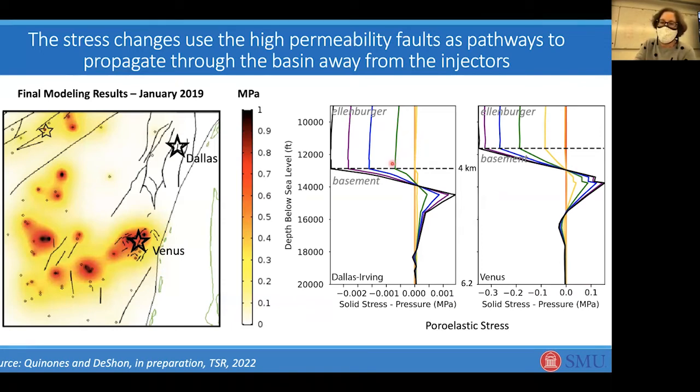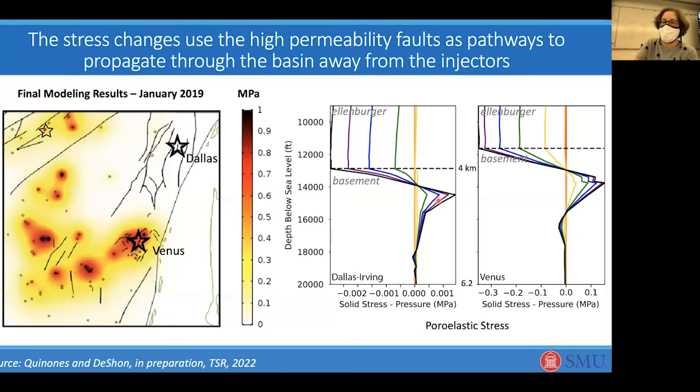And the pressure translates into the basement. And when you get to just under 4 kilometers in the Dallas Irving area, you do get a positive poroelastic stress, or a stress change associated with poroelasticity in the basement.